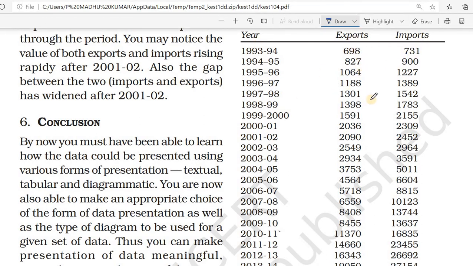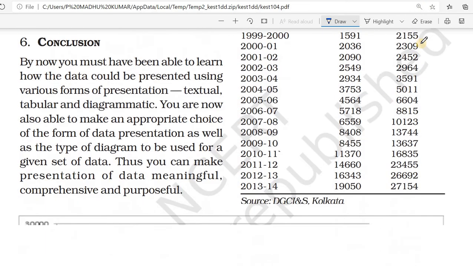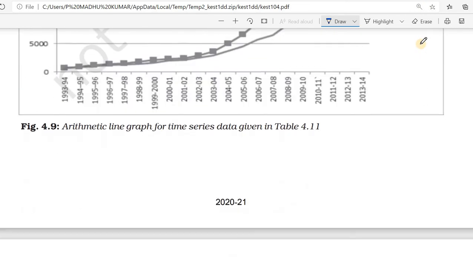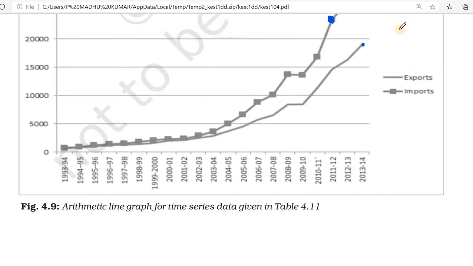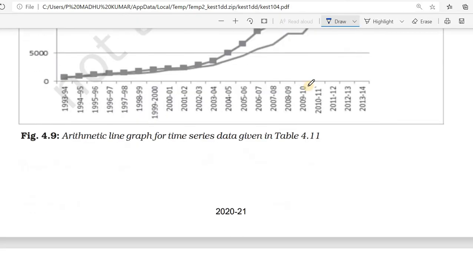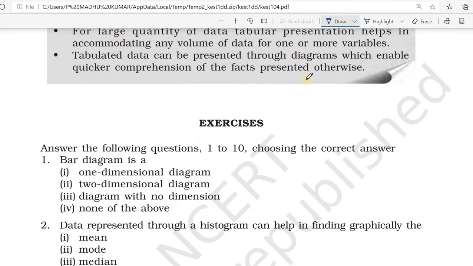First we need to mark export values, 93-94 like that. After that we need to mark import values, okay. Then we will get the arithmetic line graph, time series, okay. This is the arithmetic line graph time series, okay.